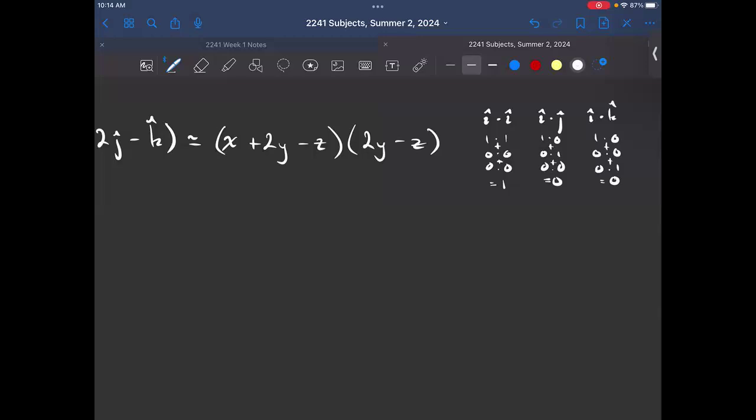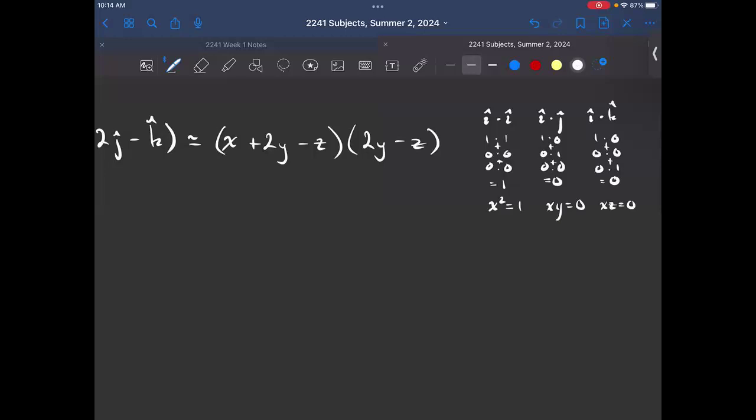And so if we write this in terms of polynomial variables here, this is telling us that x squared equals 1, x times y equals 0, and x times z equals 0.